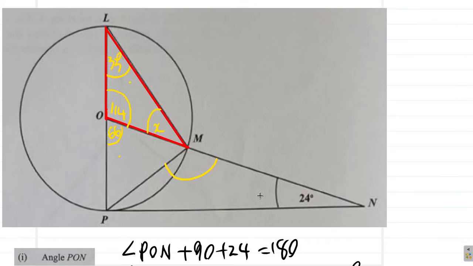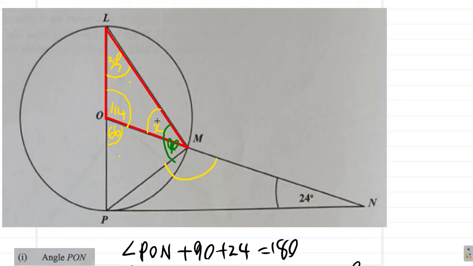The reason why it is 90 degrees is because it is an angle that lies on the diameter and is located on the circumference of the circle. It is 90 degrees, all right? You see that? Now, this is 90 degrees. All right.